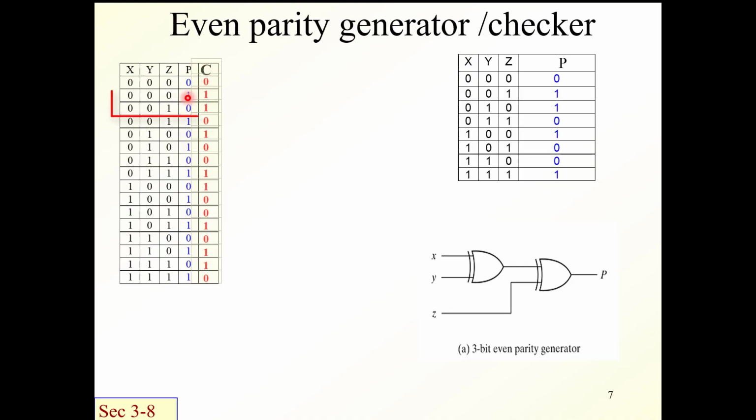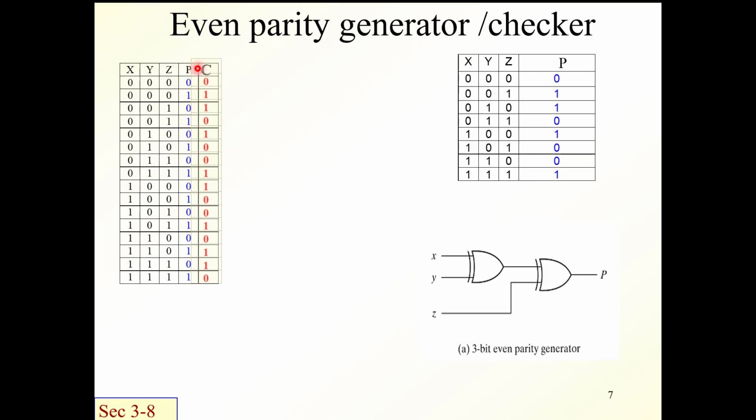However, if we receive this, that means something has gone wrong in one bit. So we have to flag the error here by setting the output C to 1. And this here, we received an odd number of ones, so this is wrong. This is correct, this is wrong, this is correct, this is correct, and so on.